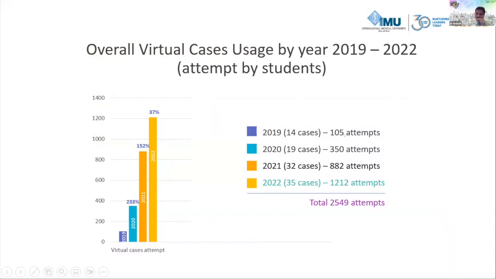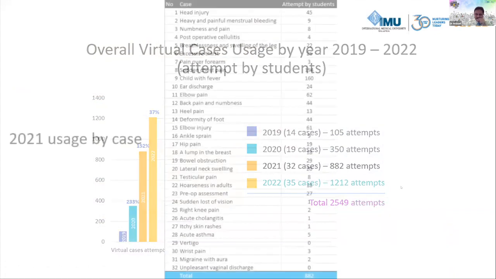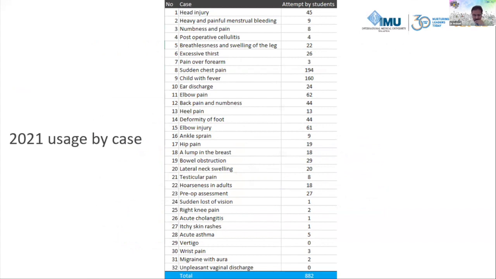Even though COVID is over, students are benefiting by accessing these cases. In 2019, 105; 2020, 350 attempts; 2021, 882; and 2022, so far, 1,212 attempts have been made by the students.